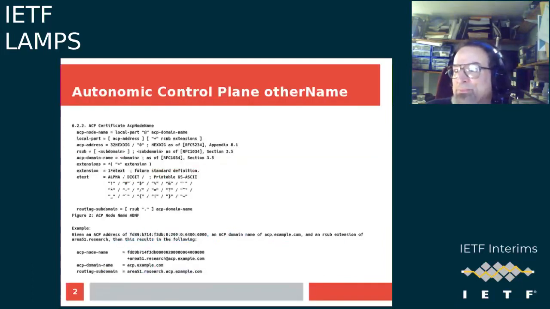So the big thing about the autonomic control plane is that after a great discussion, we have an otherName that we use in our subject alt name, and it has some structure in it. Specifically, it happens to encode an IPv6 prefix, not just an address, and it provides some context in the form of a domain name, which is used in a couple places.